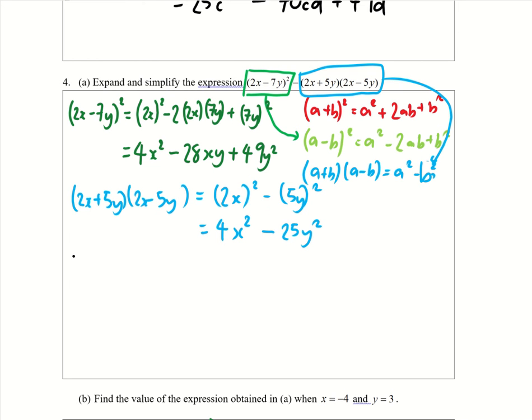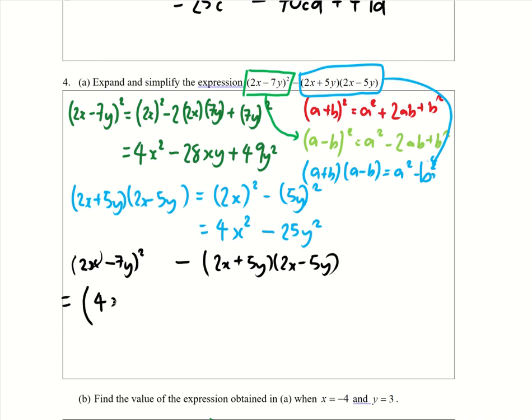So let's rewrite back everything. 2x minus 7y, the whole thing squared, minus 2x plus 5y, 2x minus 5y. So 2x minus 7y squared is this whole thing. I'll put it in bracket first when I'm combining the different workings.